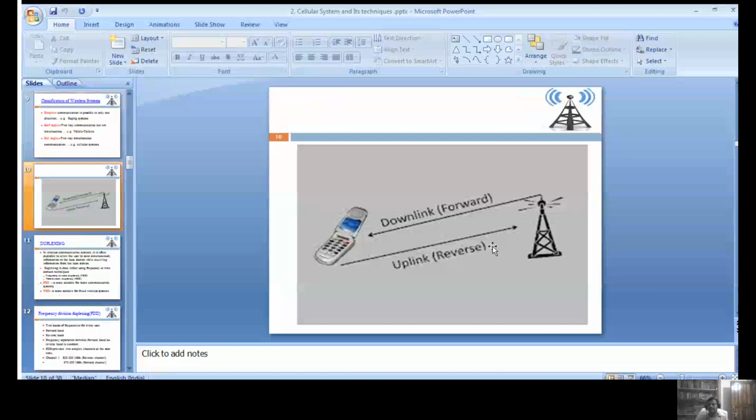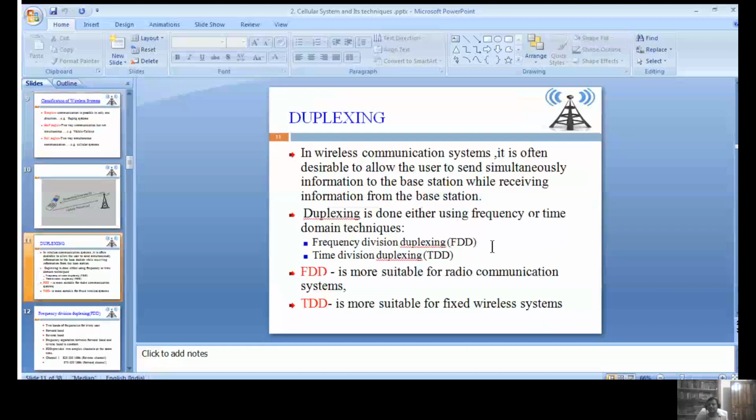In FDD, a fixed set of frequencies is allocated to a particular user. The frequency allocated to one mobile user is fixed, and no one else can utilize it. But in TDD, time division duplexing, the channel can be utilized by any one of the users. It depends on the time slot. Every time slot is allocated to one user. That is the difference between FDD and TDD.